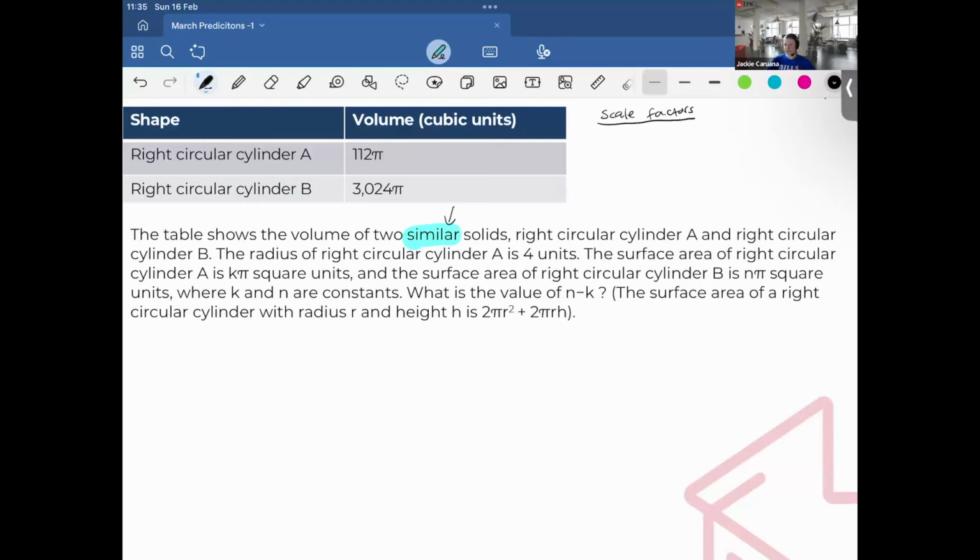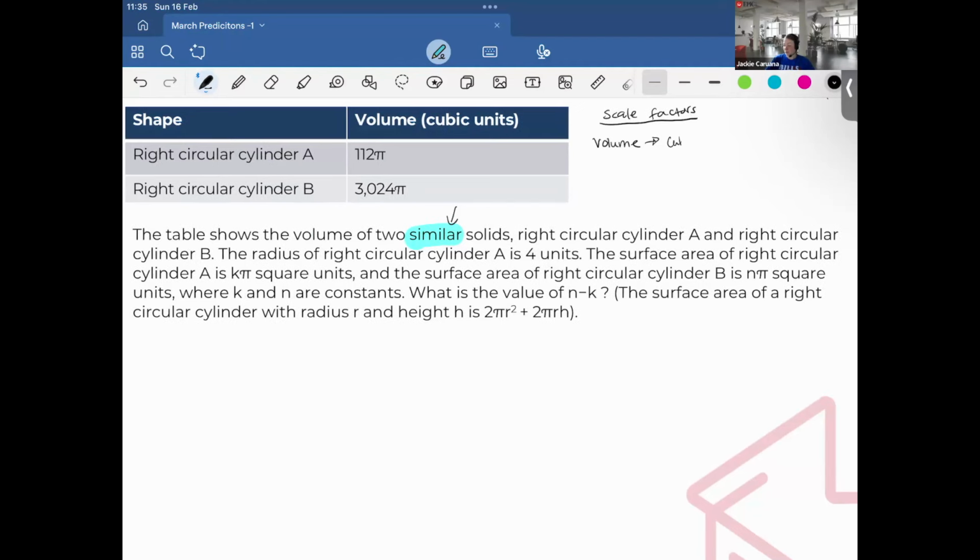So scale factors. If I want to find the scale factor from the volume of a three-dimensional shape, I would do the cube root. If I'm looking for area, you do the square root. And you can use the scale factor to find anything that you need in the problem.